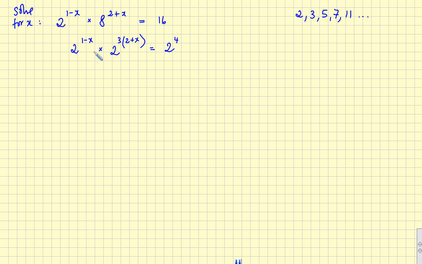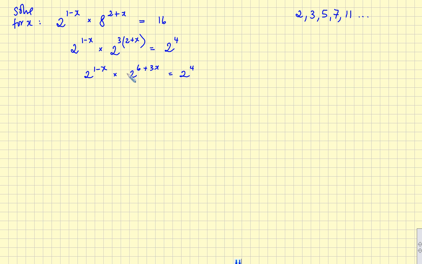So now, because I've got two bases here of 2, well, I'm going to try to get rid of them, but not just yet. I'm going to do 2 to the power of 1 minus x multiplied by 2 to the power of 6 plus 3x, and that equals 2 to the power of 4.